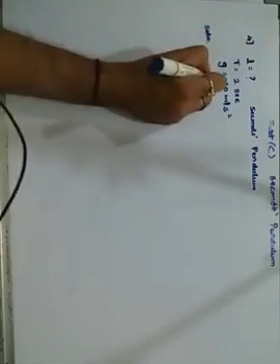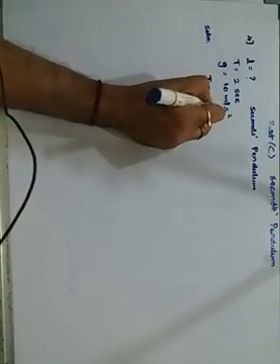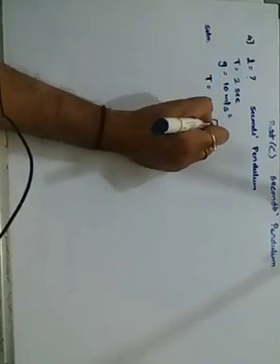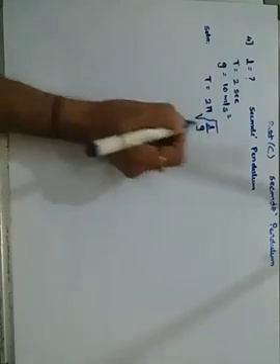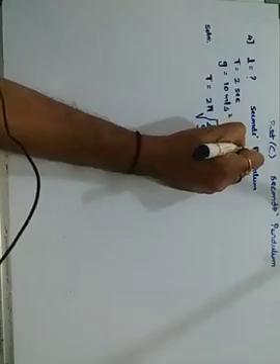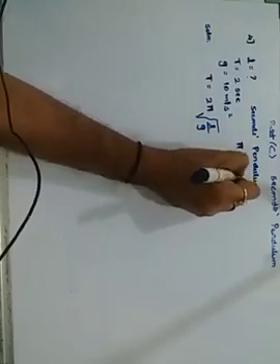So for the solution, we know the formula that time period is equal to 2 pi root of L upon G, and they have provided the value of pi. The value of pi we are supposed to use is 3.14.